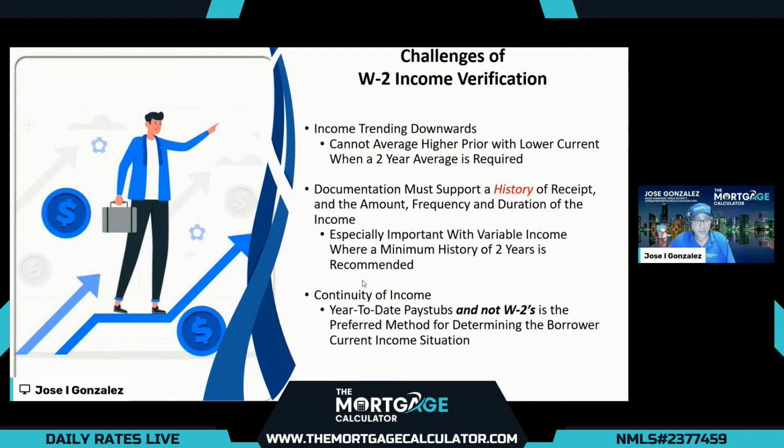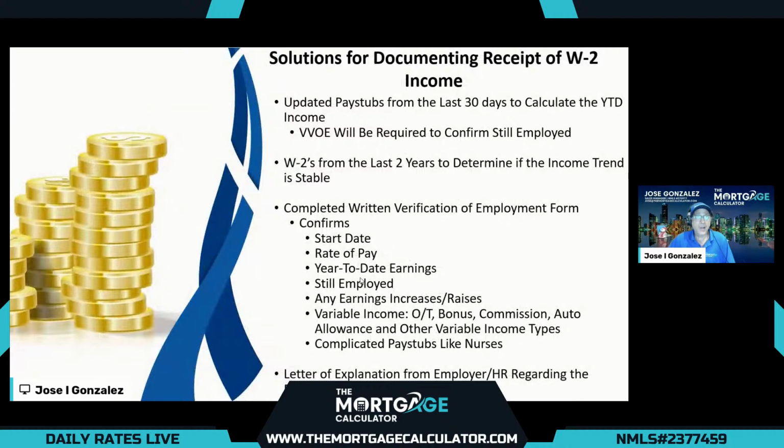So let's talk about solutions, right? We love solutions here at the Mortgage Calculator. Now, obviously, we're talking full doc here, because remember, if we can't resolve these challenges that we may have with our W-2 wage income borrower, we have other solutions, right?